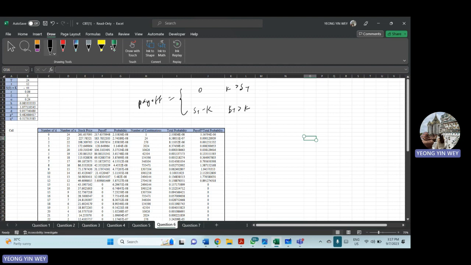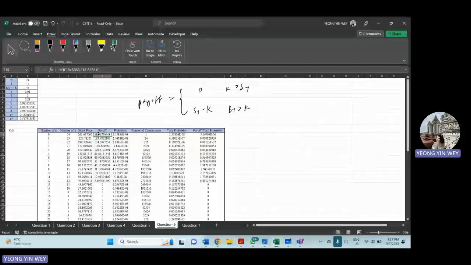If the stock price is larger than the strike price, then we will exercise the call option. So for example, for this payoff, we will use the stock price 261 minus the strike price 44, which equals 217. When the stock price is smaller than the strike price, we have zero payoff because we will not exercise the call option.